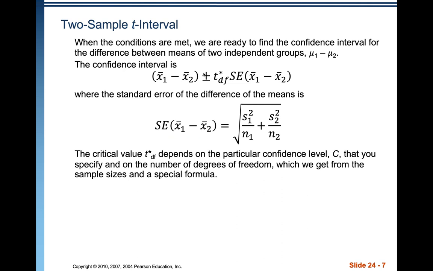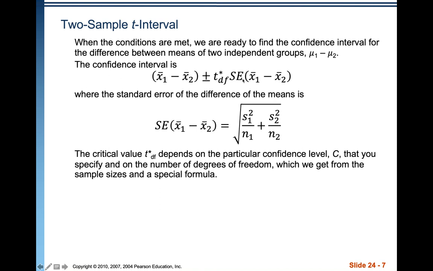All right, when the sample conditions are met, we are ready to find the confidence interval for the difference between means of two independent groups, mu1 minus mu2. And so you can see our confidence interval follows our general pattern. We've got our estimate, the difference between the sample means, plus or minus the critical t-value based on our degrees of freedom, which we're going to get to.